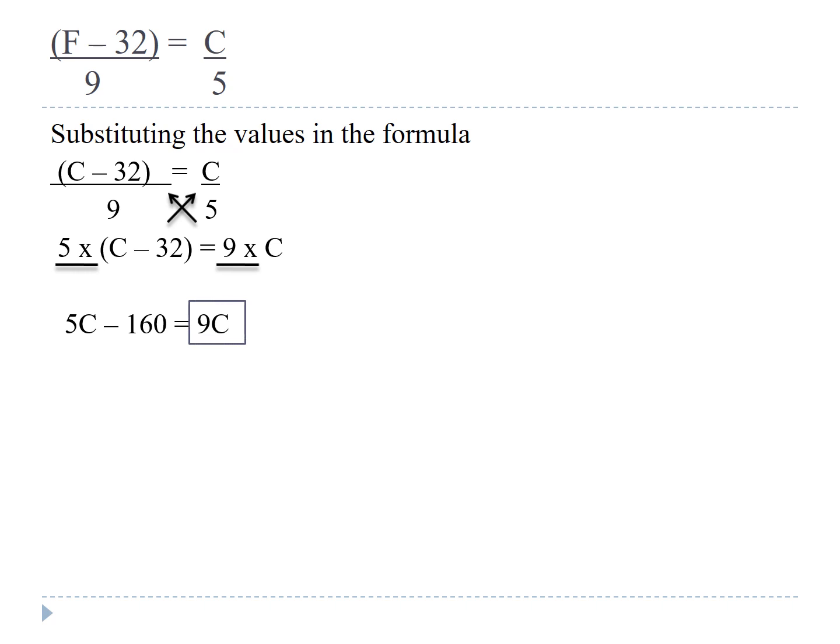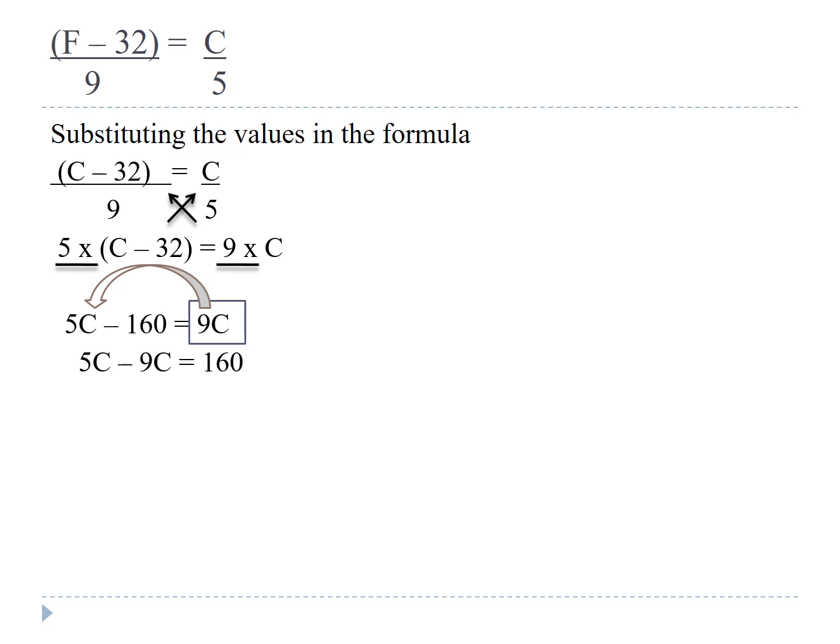Again 9C will be brought onto the left hand side. Now 9 is in plus, or it is in the positive form. So when you take it onto the other side, it will become 5C minus 9C is equal to, now you have minus 160, you are taking it on the right hand side. So minus 160 will become 160.